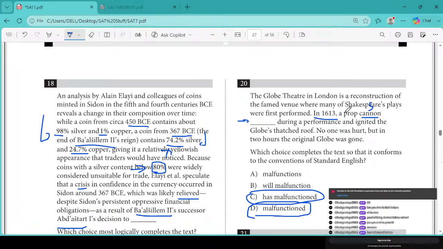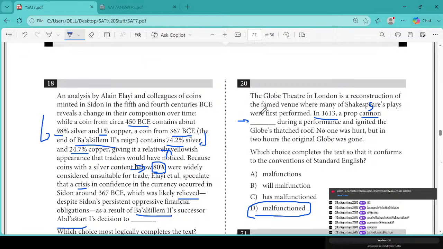In 1613, a prop cannon. Never mind. Has is present perfect tense. Right? This is present perfect tense. And misfunction is the only one in past tense. Basically, just read the context.